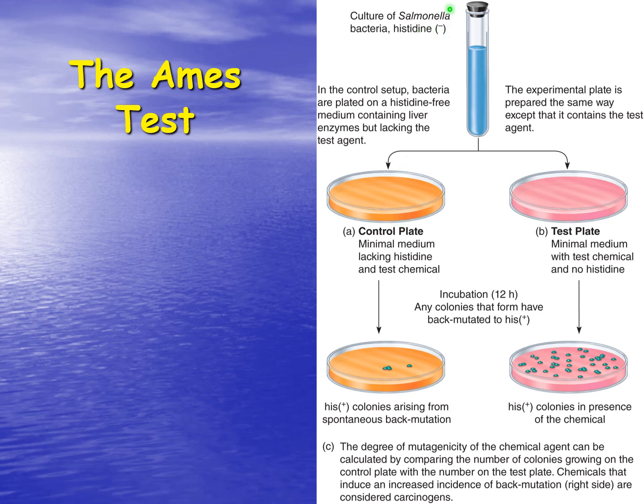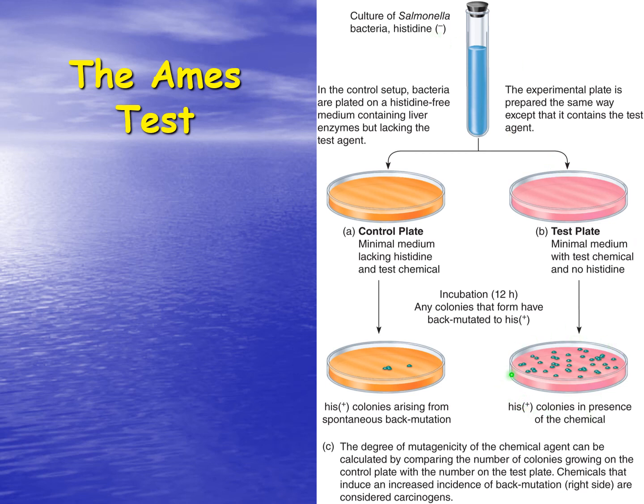Sometimes we will find in these mutant strains that they back mutate to the wild type and therefore can produce their own histidine and grow. So we may have a few colonies that back mutate. But if we put the liver extract and the histidine negative salmonella and the potential carcinogen in this and plate it with no histidine, and we get lots and lots and lots of colonies growing, that means something mutated the histidine negative strain to a histidine positive strain.